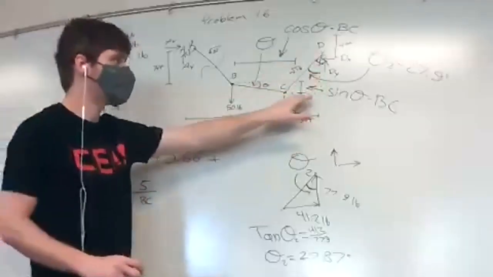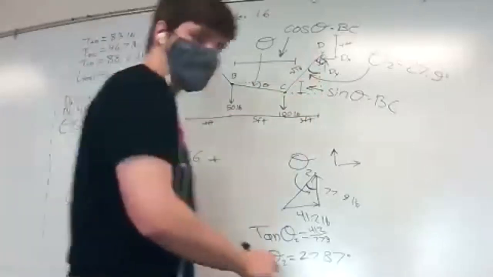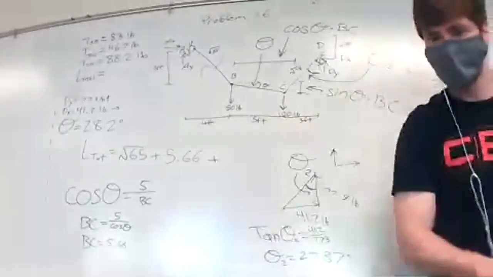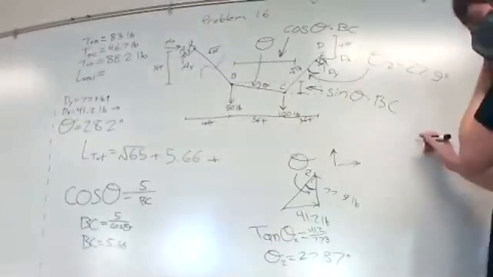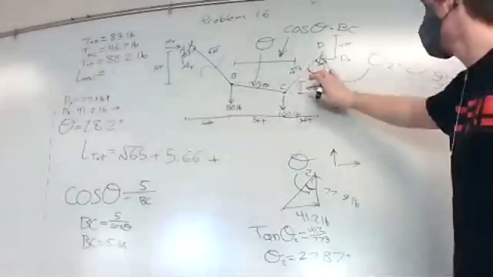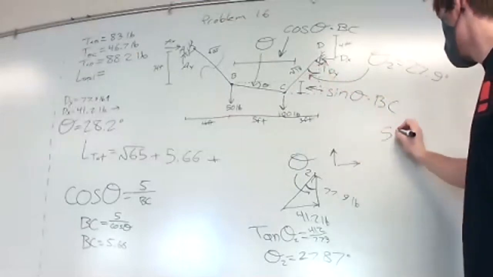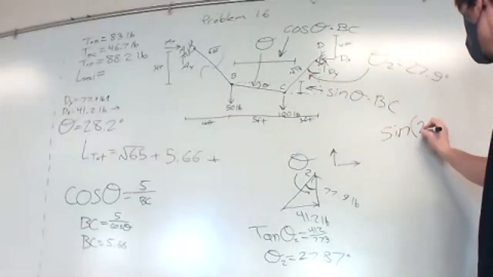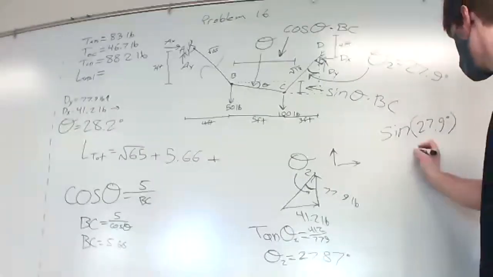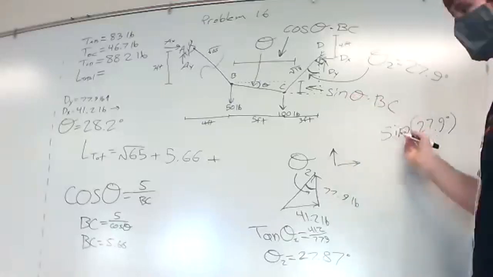But what we can do is say, knowing this angle now, sine of theta 2, 27.9 degrees, is going to be equal to opposite over hypotenuse.